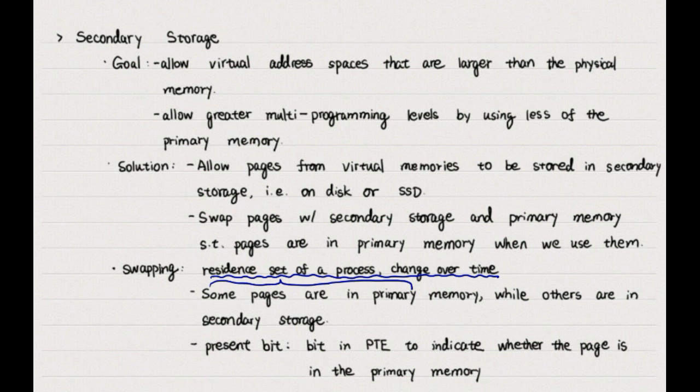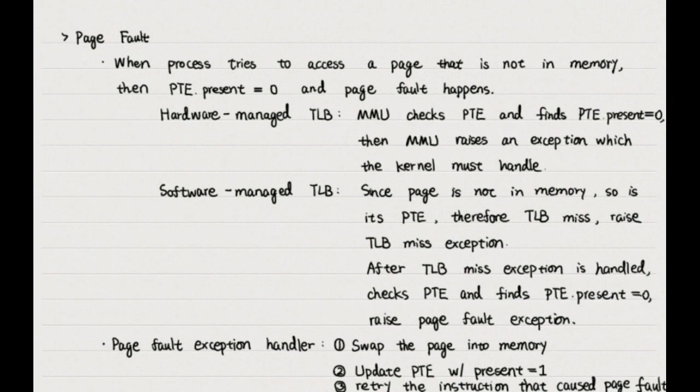So what should the kernel do when a process tries to access a non-resident page? When a process tries to access a page that is not in memory, the problem is detected because the page's present bit is 0. This event, the attempt to access a non-resident page, is called a page fault.